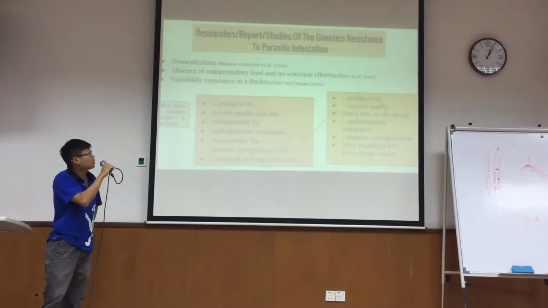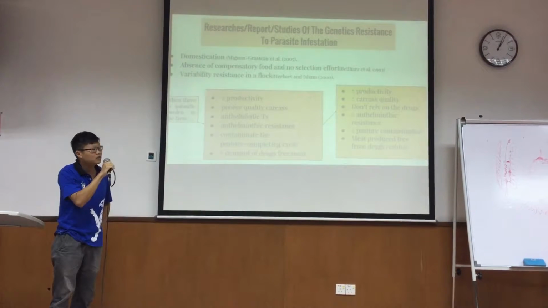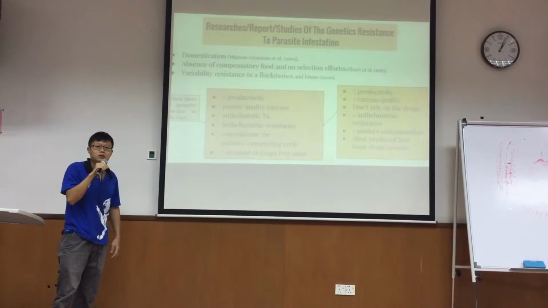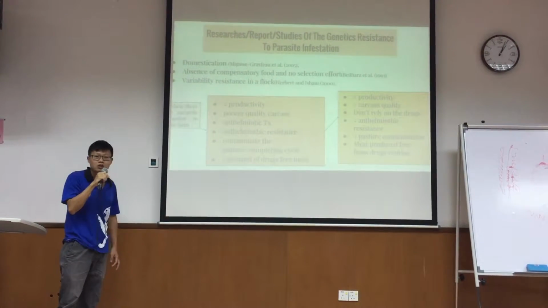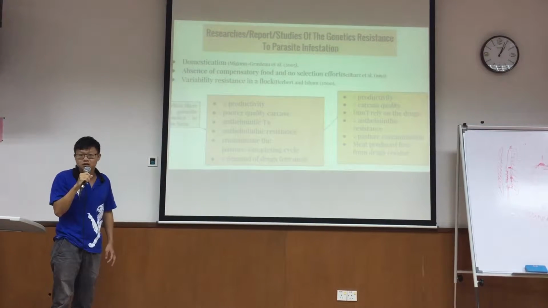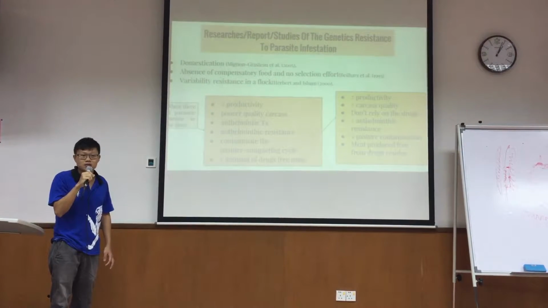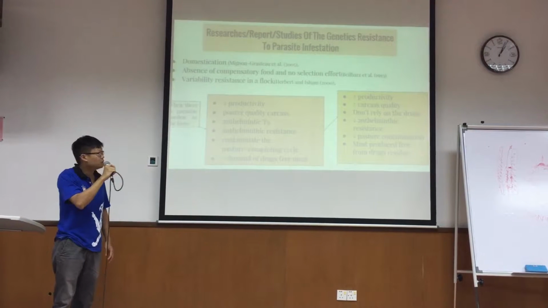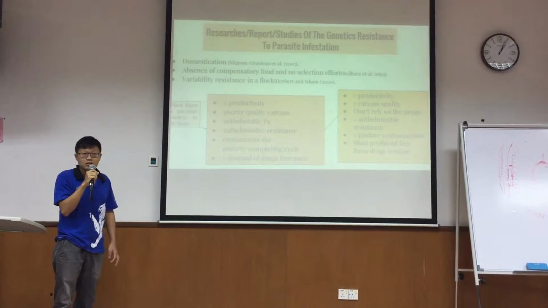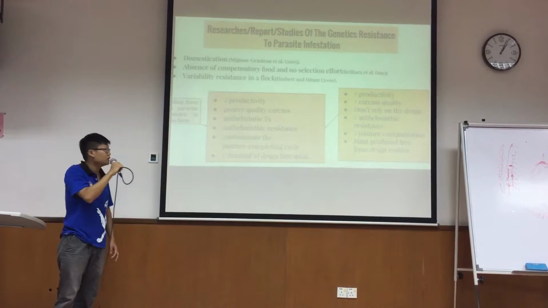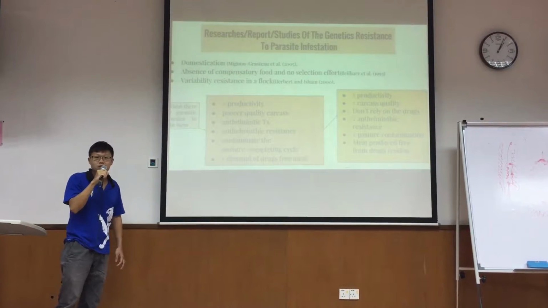With the absence of compensatory food and no selection effort by the farmer, the animals become less resistant to parasitic infection, because the animals that are more susceptible are put into the breeding program.